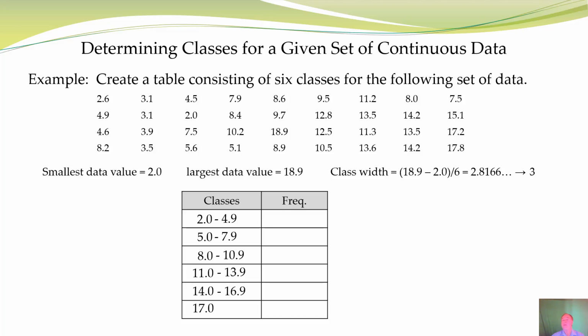Well, now we go back to what we said. Class width is the difference between any two upper class limits, right? So we can just take the 16.9, add the class width, which was 3, and you get 19.9 for the upper class limit of the last class. Now we have developed the classes. Then you would go through the data, count how many is in each class. We're going to leave that for later.